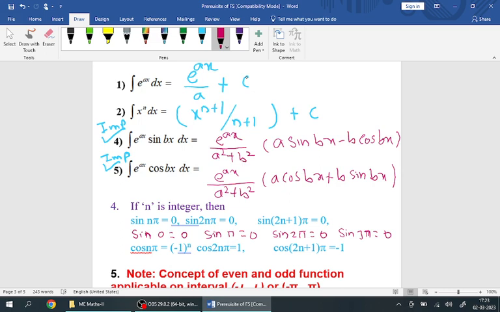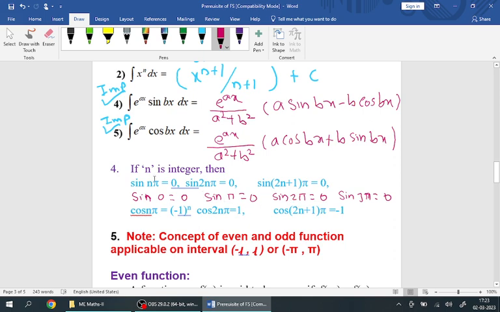So majority of the times whenever sine terms come, we get these benefits, and we get slightly simplified answers. We'll come to that while solving examples. So sine n pi, sine 2n pi, or sine (2n plus 1) pi, all these are zeros.